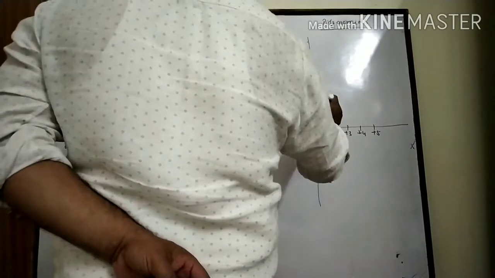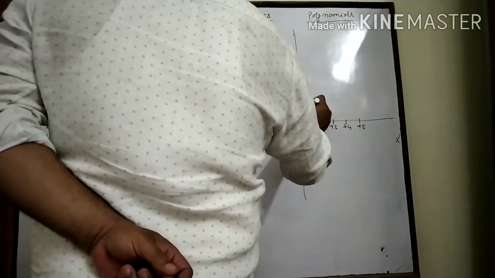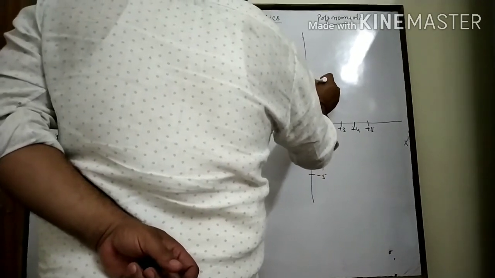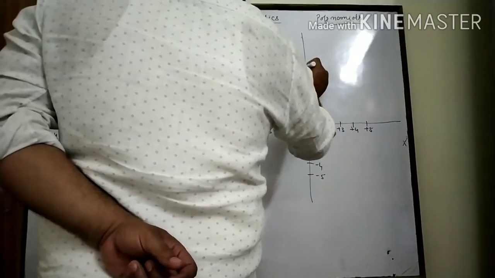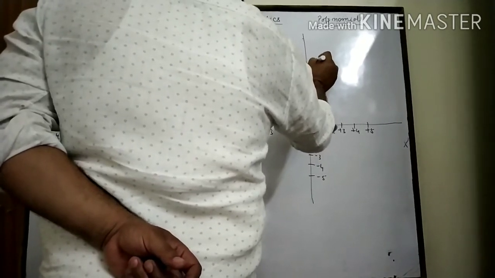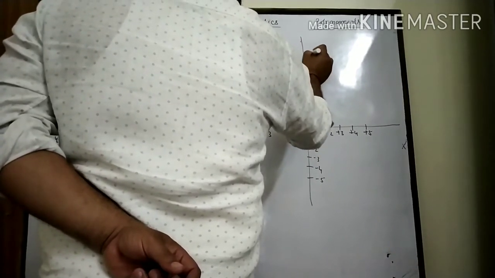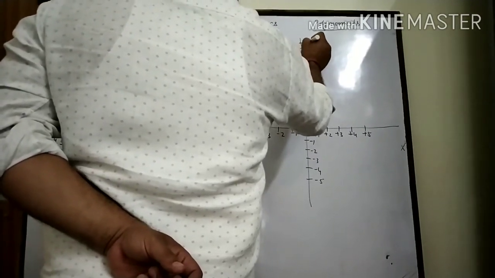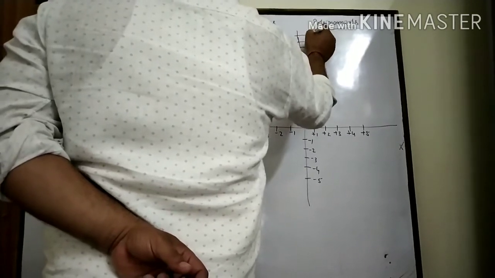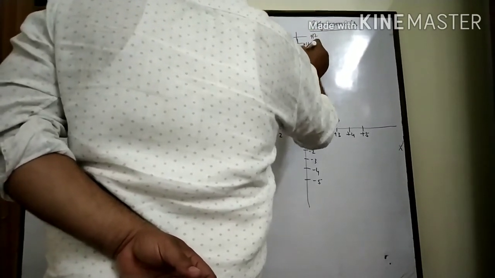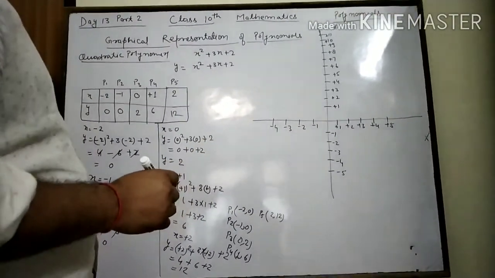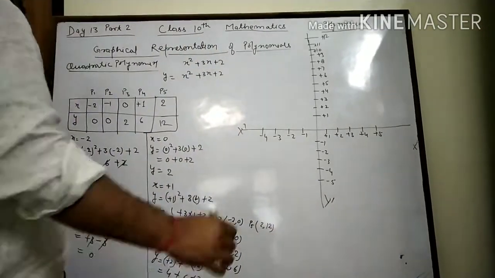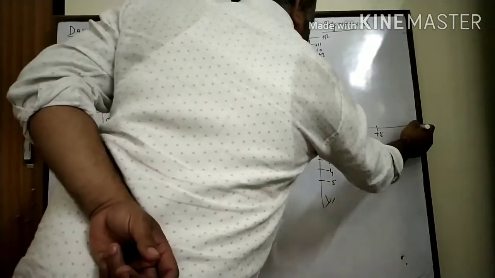Then on the y axis, plus 1, plus 2, and so on up to plus 12. Clear? It is x-axis, x dash, y, y dash.